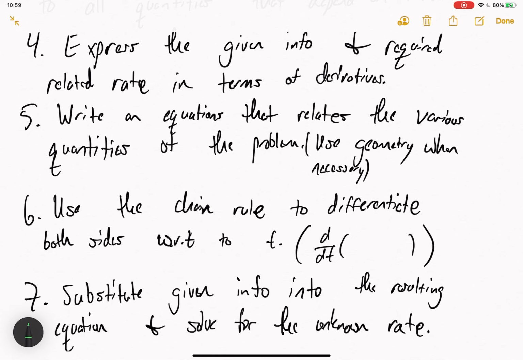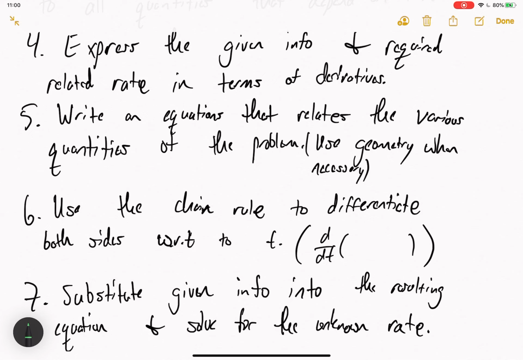We need to link them by some equation. So we created that equation that relates all the quantities that we have. And sometimes we want to use geometry when necessary. Again, if you need to use geometry, probably draw a picture, that would definitely help.